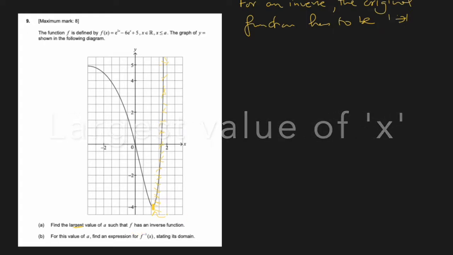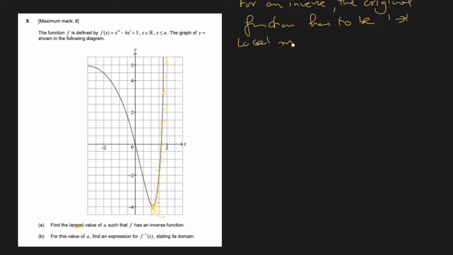We can see that it's a turning point and it's a local minimum. So if we find the x coordinate of the local minimum or turning point, we'll get it. For a local minimum, we should have the first derivative equal to 0. So we will differentiate the main function.